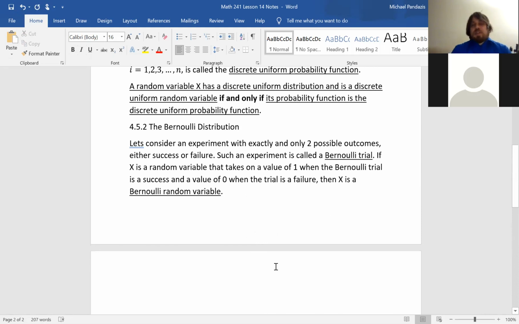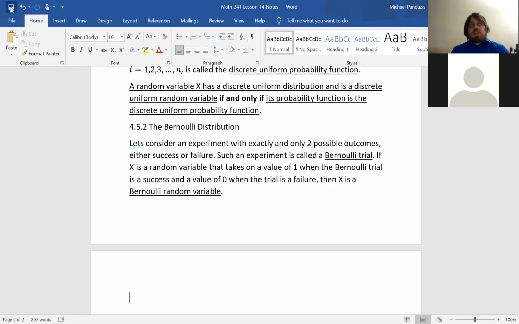Remember, a random variable is a function where you input outcomes of an experiment and it outputs a number. And so if you have an experiment where you only have success or failure, then you're separating all the outcomes of your experiment into successes and failures, right? And so whenever you input an outcome that's a success, you output a 1.